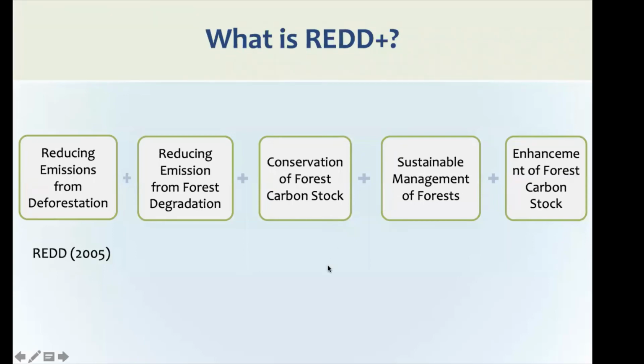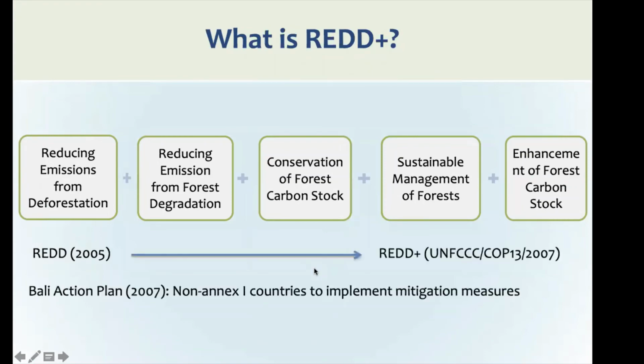It was initiated around 2005, and later in 2007 it was formally decided at the Conference of the Parties of the UNFCCC. With this REDD Plus program, previously there was a popular belief that the Annex 1 countries, the developed countries, were more engaged in mitigation works, and the non-Annex countries like Nepal, developing countries, would be less involved in mitigation activities.